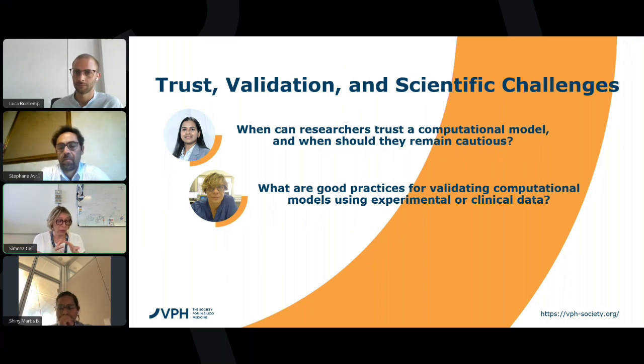But the validation of our model with clinical data is very difficult due to the uncertainties, due to the variability, due to a lot of negative aspects. Negative, but those aspects are, however, really present in real-world data.